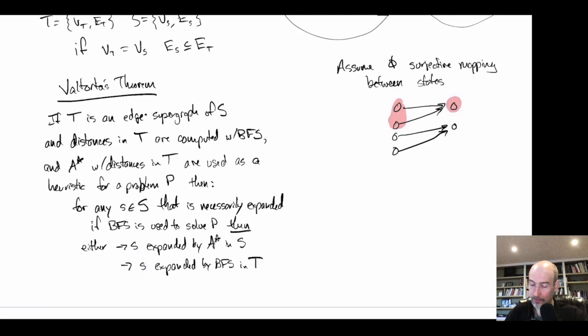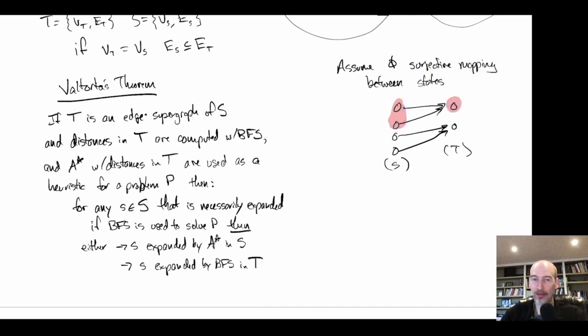So to be clear, this is my abstract graph T, and this is my original graph S. Now, if I have some sort of surjective abstraction, I can expand one state over there, and I might be able to avoid expanding multiple states over here.